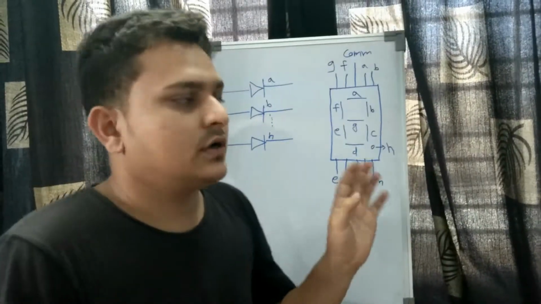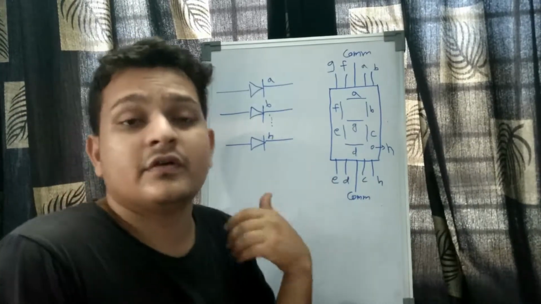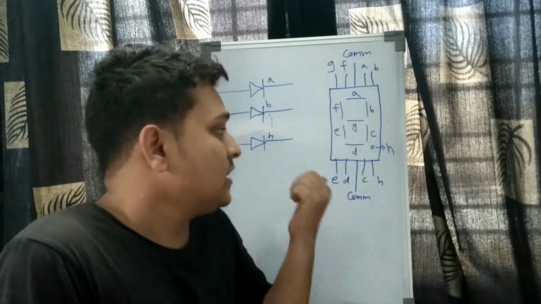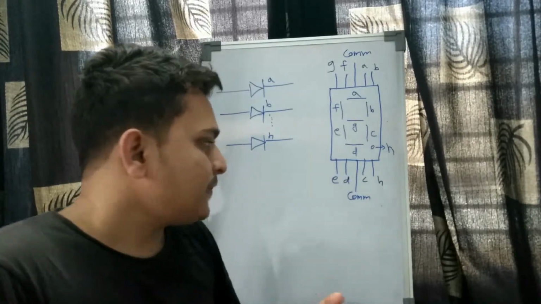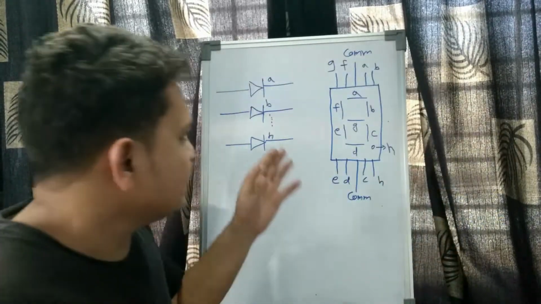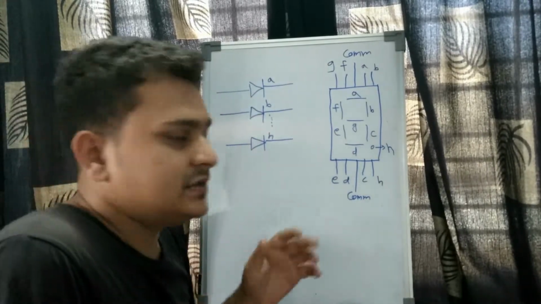You can observe this when you are actually using it, and you will refer to this whole thing. Now, these are the LEDs, A to H, in such an arrangement.